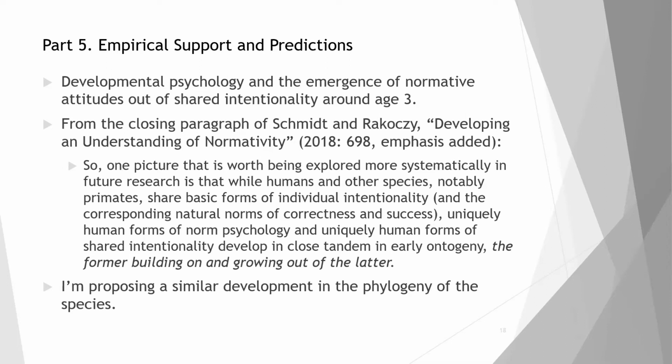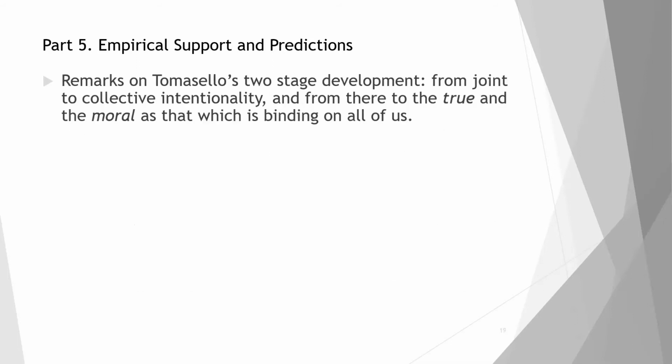This can be small groups of people hunting in the time that they're hunting, or building tools in the time that they're building tools. But there's no expansive sense of what he calls collective intentionality, which is in principle unrestricted in space and time, where the members of the community are people that you might never meet, you might not even be able to meet. Tomasello's claim is that human cognition involves judgments about what is true and moral as what's binding on everyone.